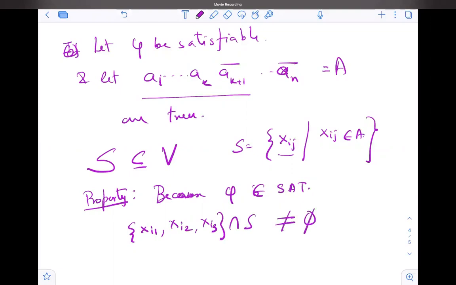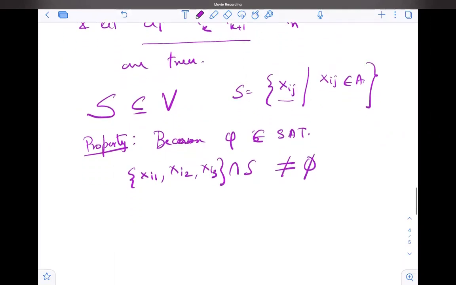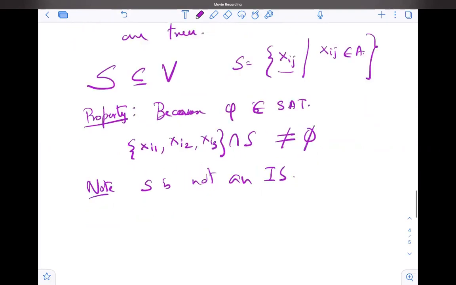Right? Every triple has at least one element. Excellent. But the problem is that it is not necessarily an independent set. So note that S is not an independent set. Why? Because in this thing, I might have more than one.